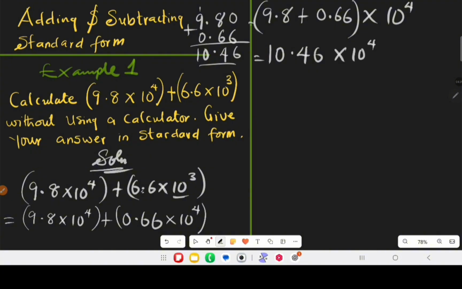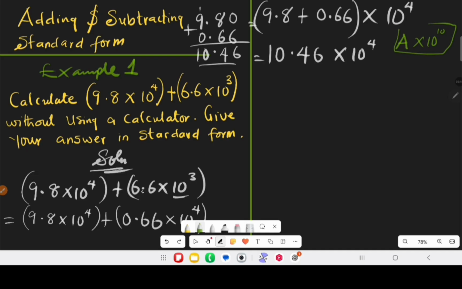We look at this. Is this expression in standard form? No, it's not in standard form. What is the rule of standard form? The rule of standard form is telling us that A must be a number less than 10 but equal to or greater than 1. And if that be, we have to rewrite this in standard form.